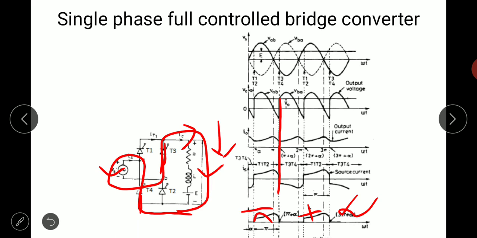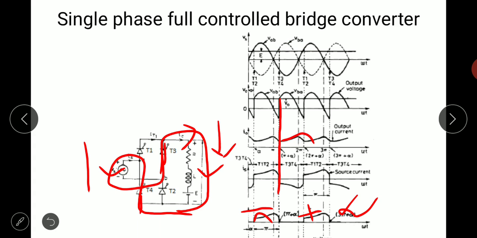The current was in this direction when T1 and T2 were conducting, and the current is in this direction when T3 and T4 are conducting. So current will remain positive. Current will not decay. At this instant, the voltage is minus Vm sin omega t. As the voltage is increasing, you will see that the current will increase.